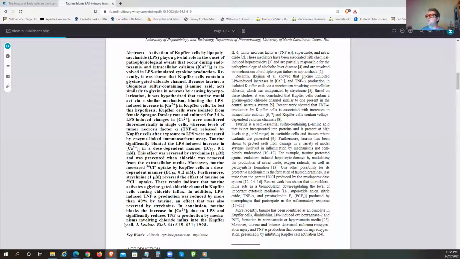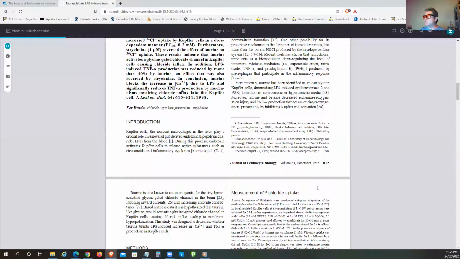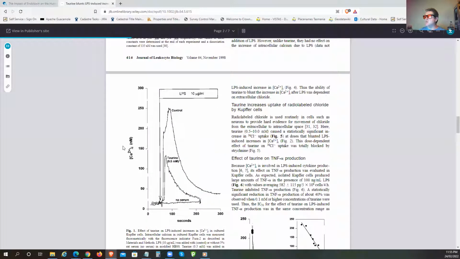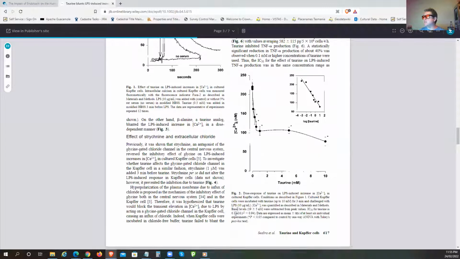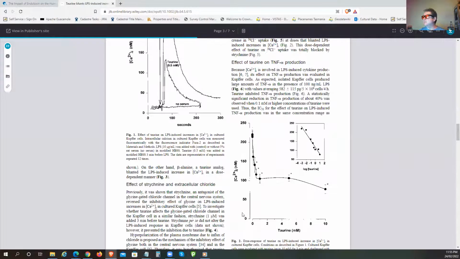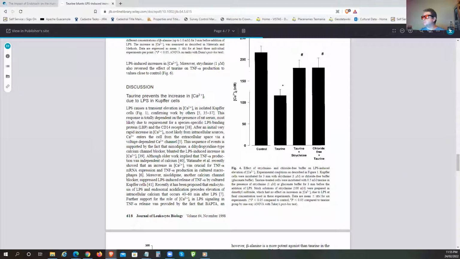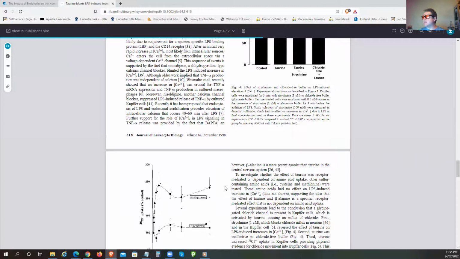So I'm not going to go through it all. People can actually look at this and see the differences between the control and LPS, and the adjusting, the effects of that other stuff they put in there.